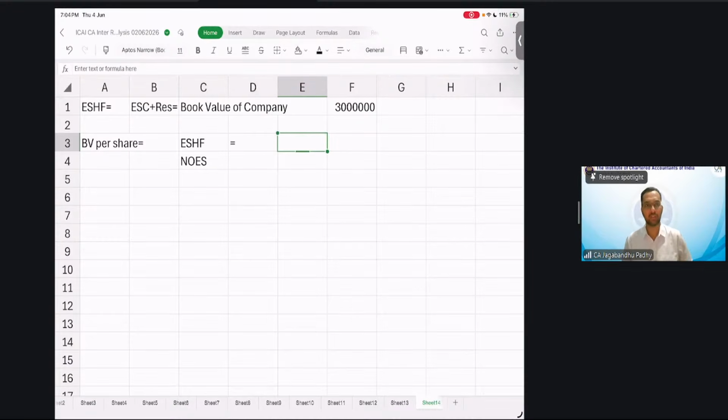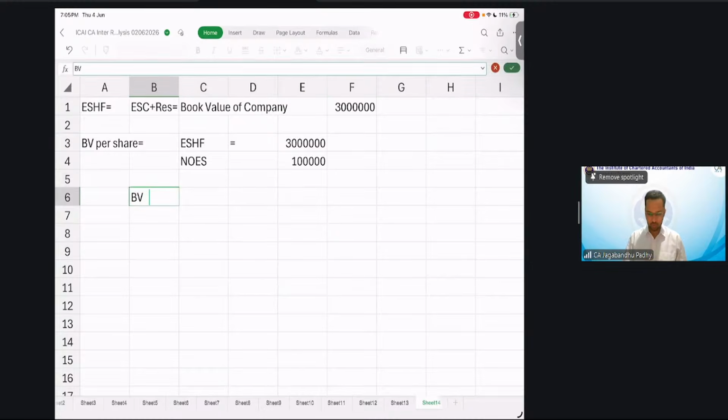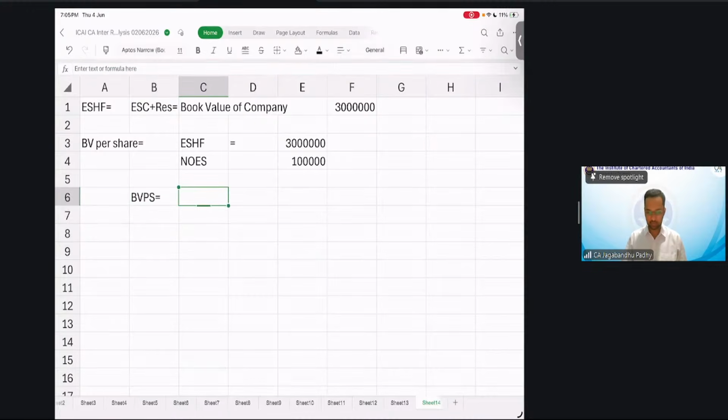So equity shareholders' funds is 30 lakhs divided by the number of equity shares, which is, let's say, 1 lakh. So we get book value per share as 30 lakh divided by 1 lakh, which is 30.